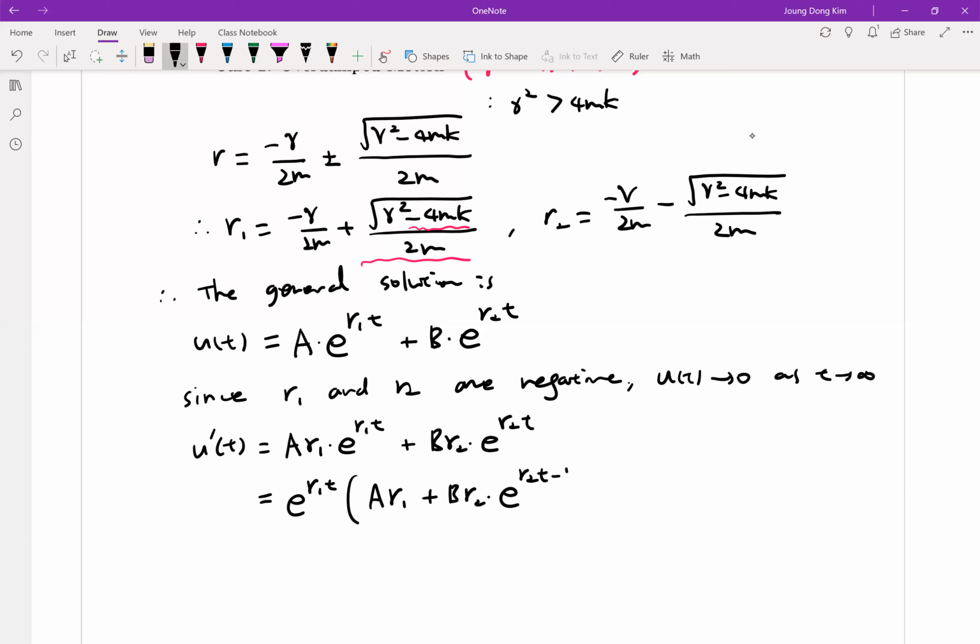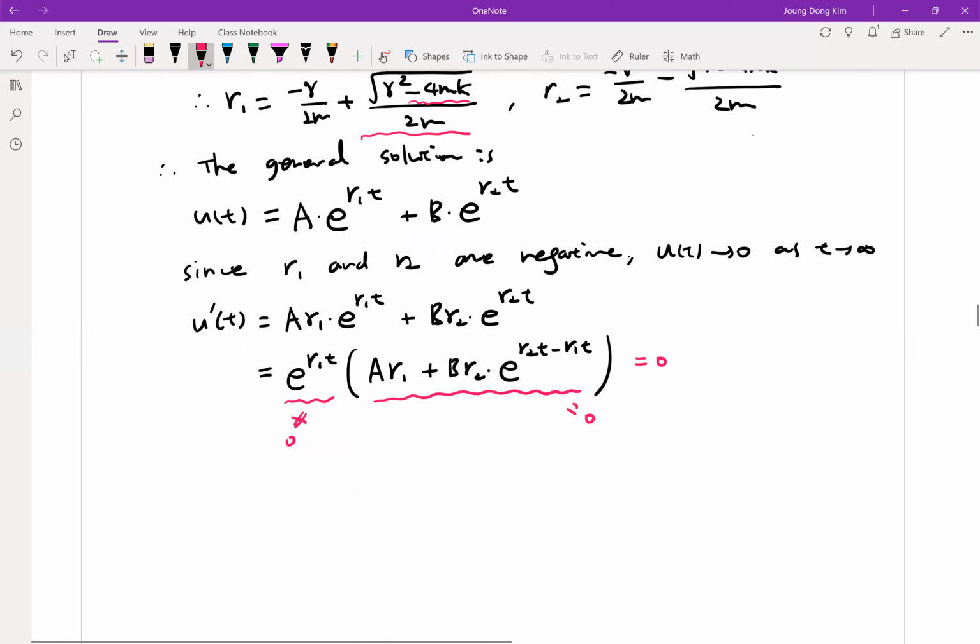Does it make sense? Okay. To find the local maximum and local minimum, we had to find the critical number first, right? Critical number means u prime must be equal to 0. But look at that. The first term e to the r1t never equals 0, as you know, right? Then to make this zero, there's only one possible case, which is here, right?